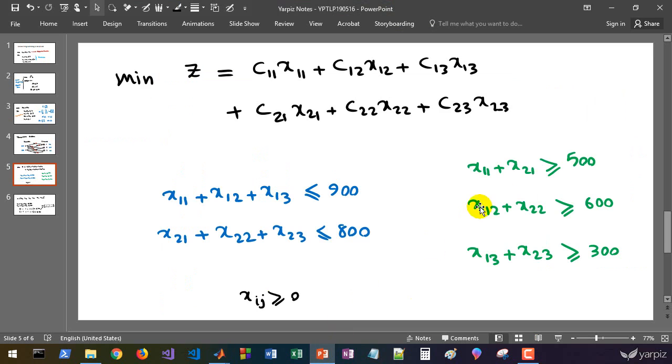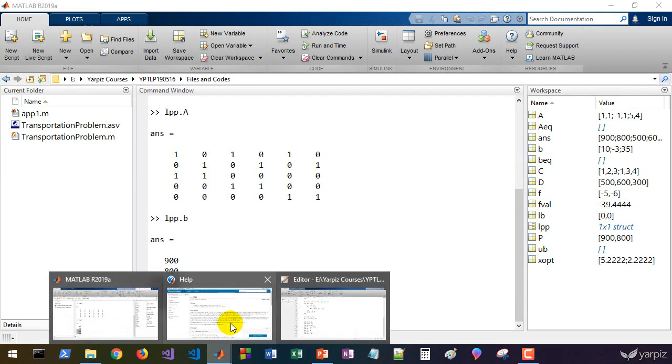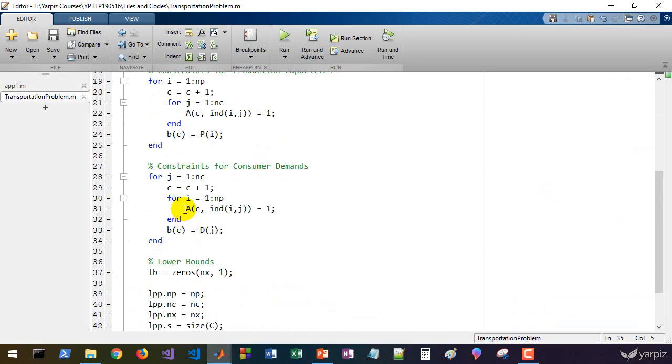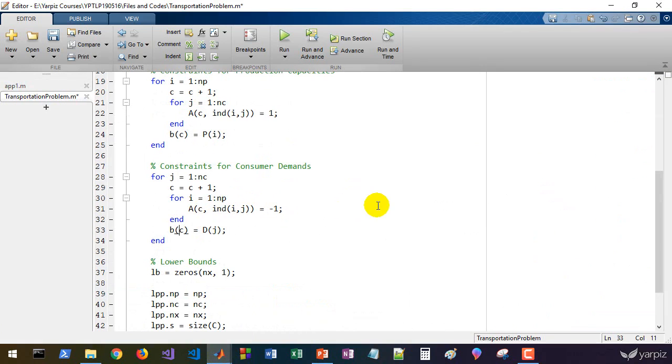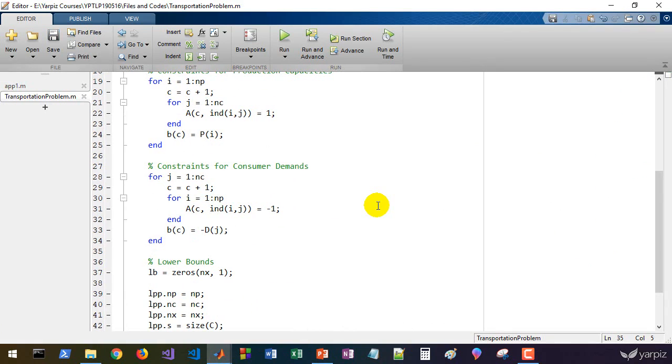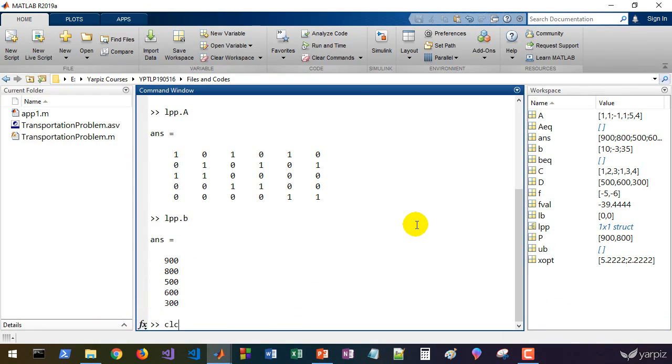However, note the direction of our constraints, we must negate these equations. So let's negate this, a minus 1 and minus d. This is the correct way of doing this.